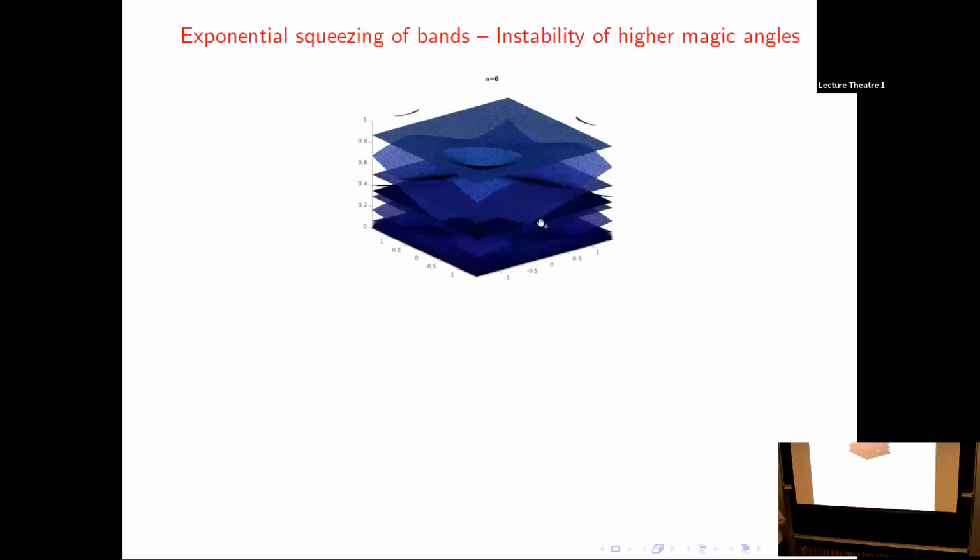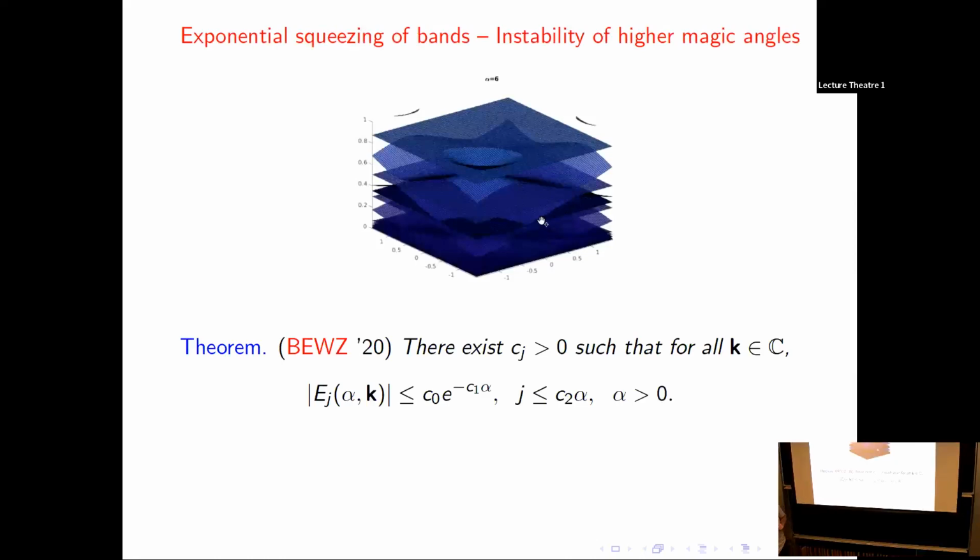Another interesting feature about all this is that you saw when alpha is large, so for small twisting angles, with two sheets at a very small twisting angle, there are a lot of bands that look almost flat. And a lot of bands that are almost flat is not really good for our strongly correlated electron physics, because that means our electrons can move easily from one band to the other.